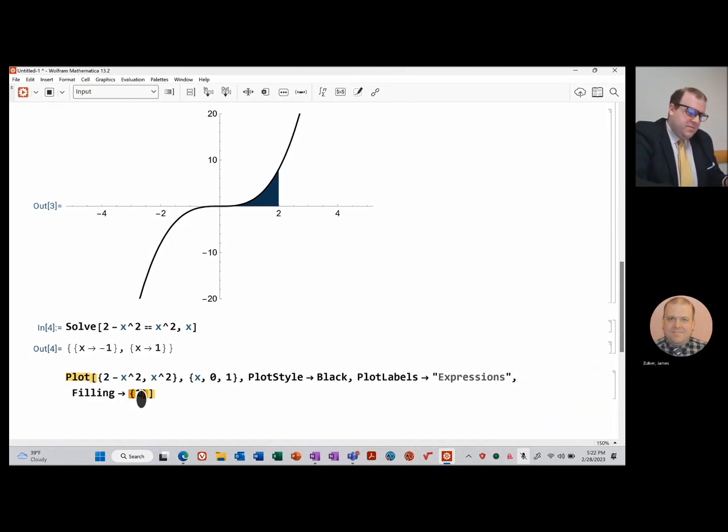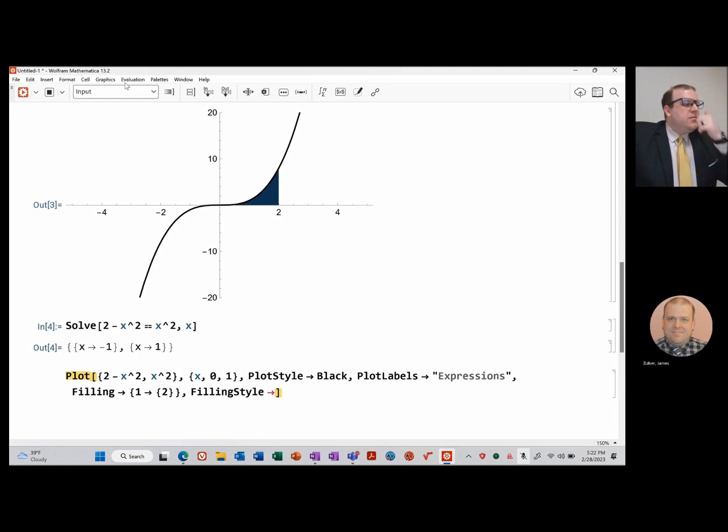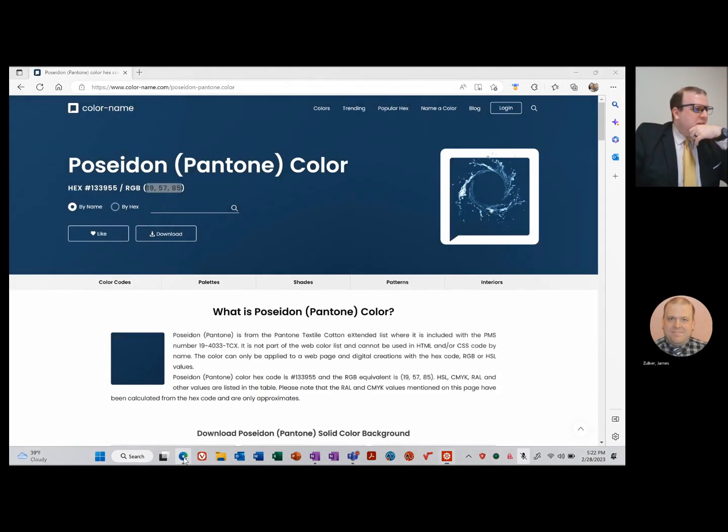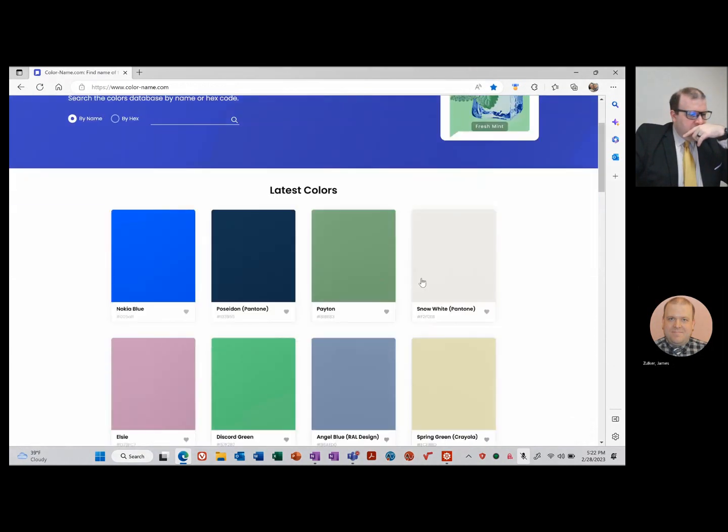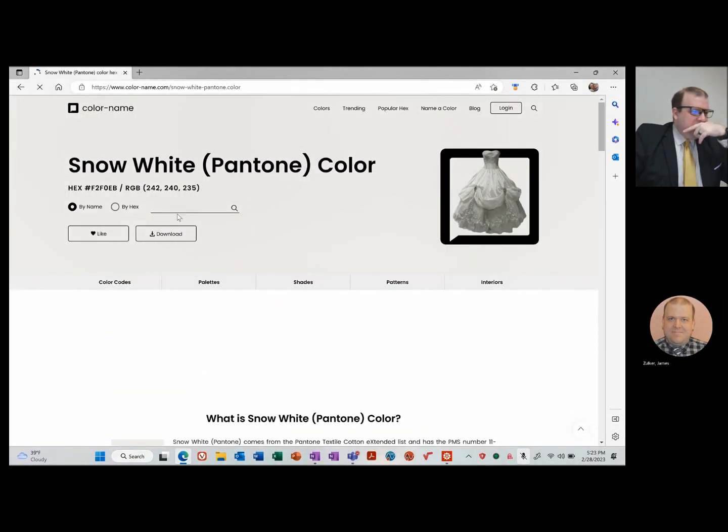Spelling will be nice. I saw another interesting color. Actually, paint sounds pretty cool too. I want to see how this is going to show up.